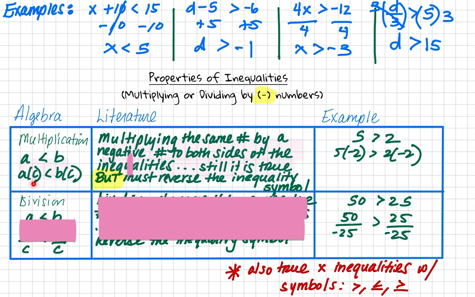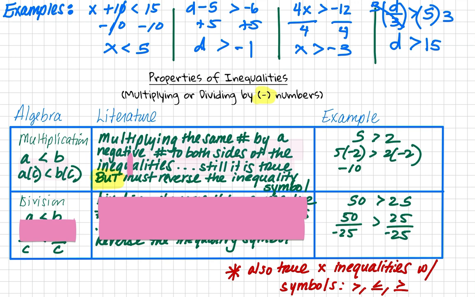So here we have a less than symbol. If we are multiplying by a negative value of c, then the answer we know is going to be a greater than value. We can show that here. So we have 5 is greater than 2. We're going to multiply both sides by negative 2. Then we have the answers to be negative 10.